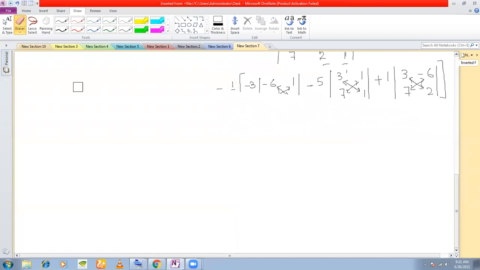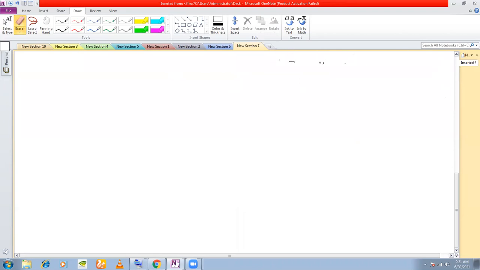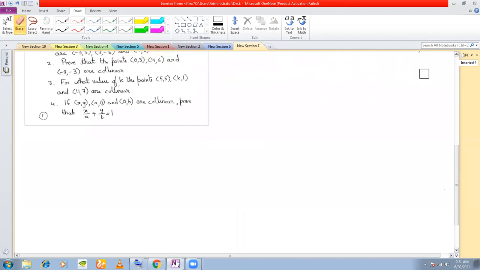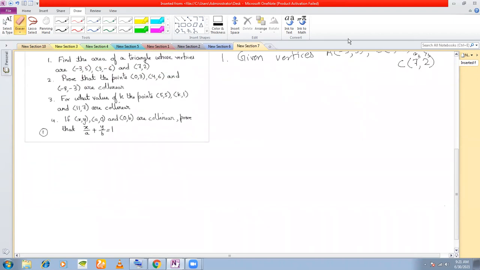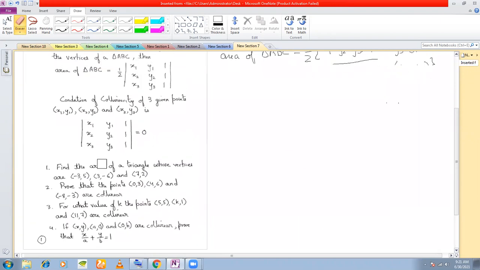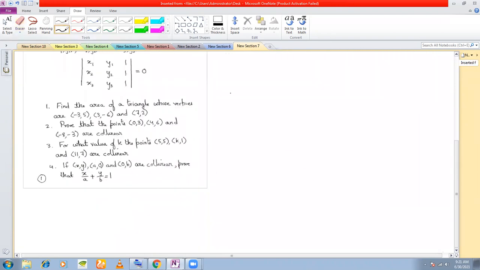Moving on to the next problem. Prove that the three given points are 0, 3, 4, 6, and minus 8, minus 3.